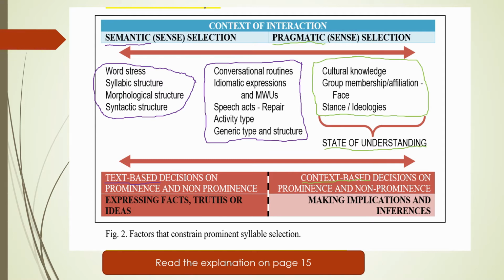So we're talking about conversation routines as expressed in speech acts, as being imbued in a particular speech event or activity type, or related to a particular type of text, and so on.